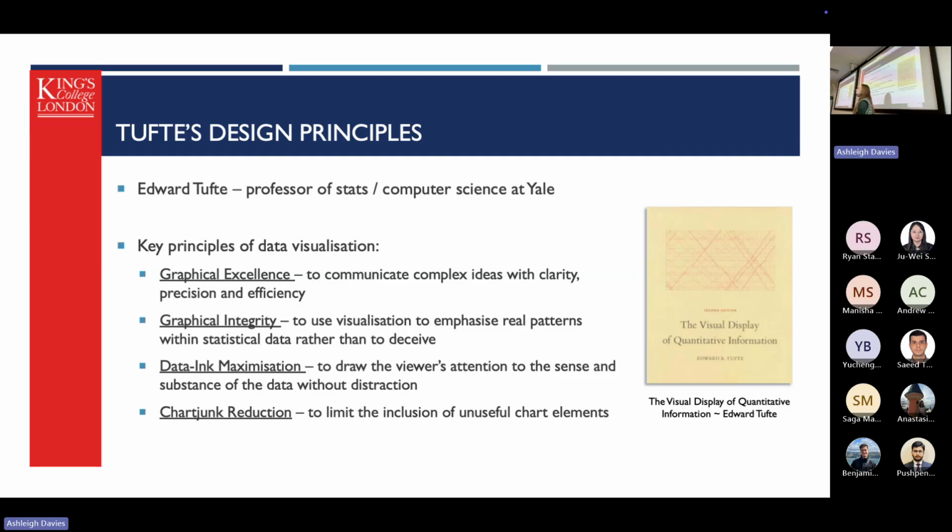So by clarity, we would mean it's really evident what we're trying to show. Then precision, it's talking about we're showing something that's accurate to the data. We want to represent data in a way which appears obvious. And by efficiency, we just mean not wasting too much space or time thinking about aspects that don't really represent the data very well. The second principle is this idea of graphical integrity.